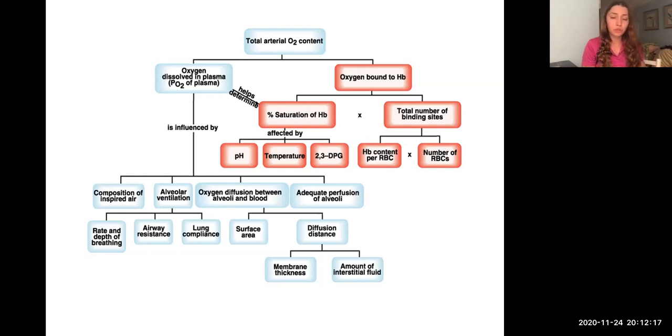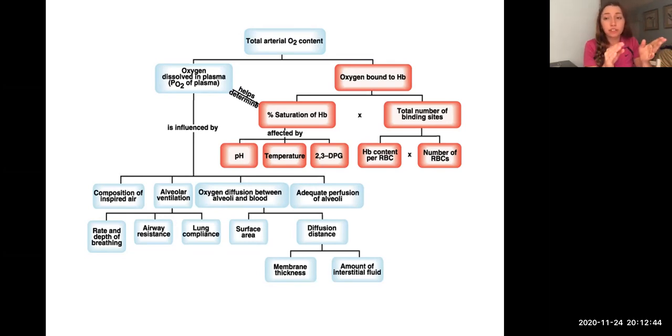So if she asks you a question, which she will, 100%, I guarantee, she's going to say, what is a factor, or what is not a factor that affects the PO2? What is a factor would be the thickness or the diffusion distance. If there's a lot of distance, that's not good.